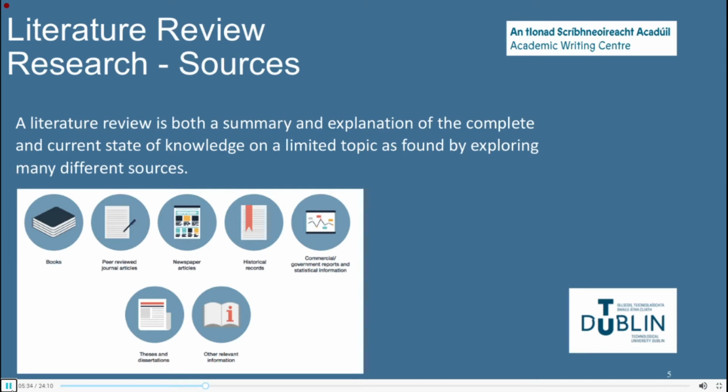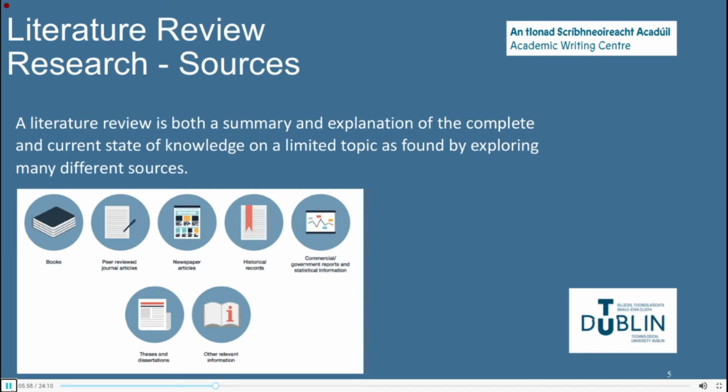It can be books or journal articles or newspaper articles or statistics, previous theses or dissertations, historical records. They all present you with different sources to be included in your literature review.